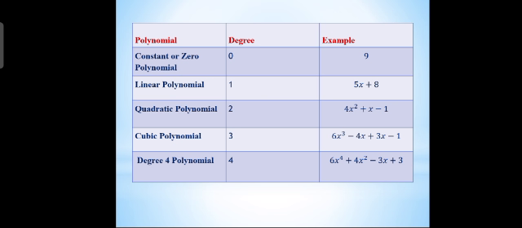The next one, 6x cubed minus 4x plus 3x minus 4 having 4 terms and the highest exponent is 3, so degree 3, and it is called cubic polynomial. The last one, 6x to the power 4 plus 4x squared minus 3x plus 3, degree 4 polynomial.